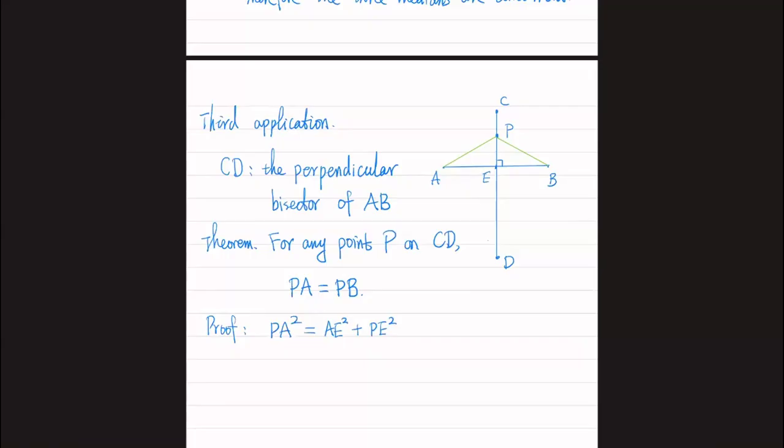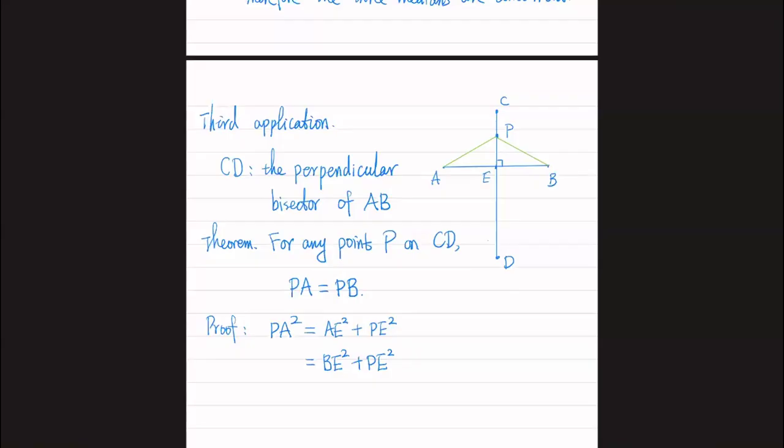Okay, now E is the midpoint, so I can replace AE by BE because they are the same length. Amy, what do these two give us?